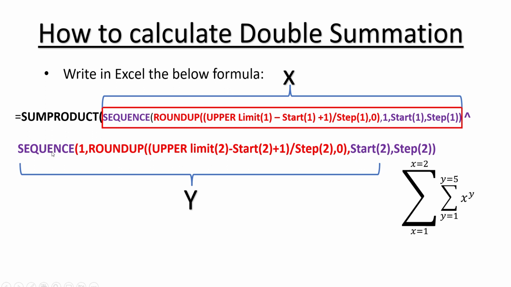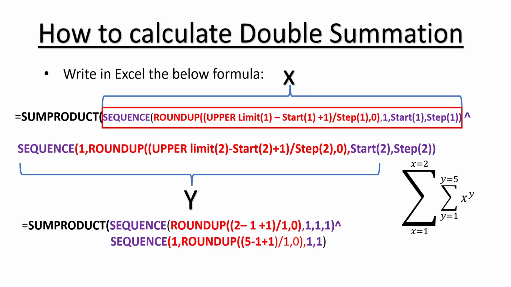So all this we have to substitute by y. For the sequence, here we put 1, then comma, ROUNDUP, upper limit 2 minus start 2 plus 1, divided by step 2, comma 0, close the parentheses, now comma start 2, comma step 2. This is our formula. Let us make it easy here.